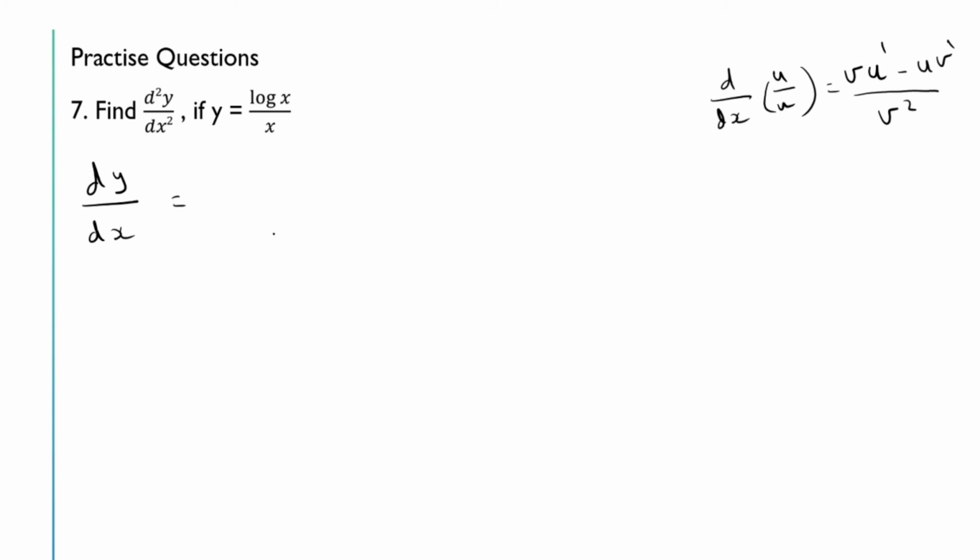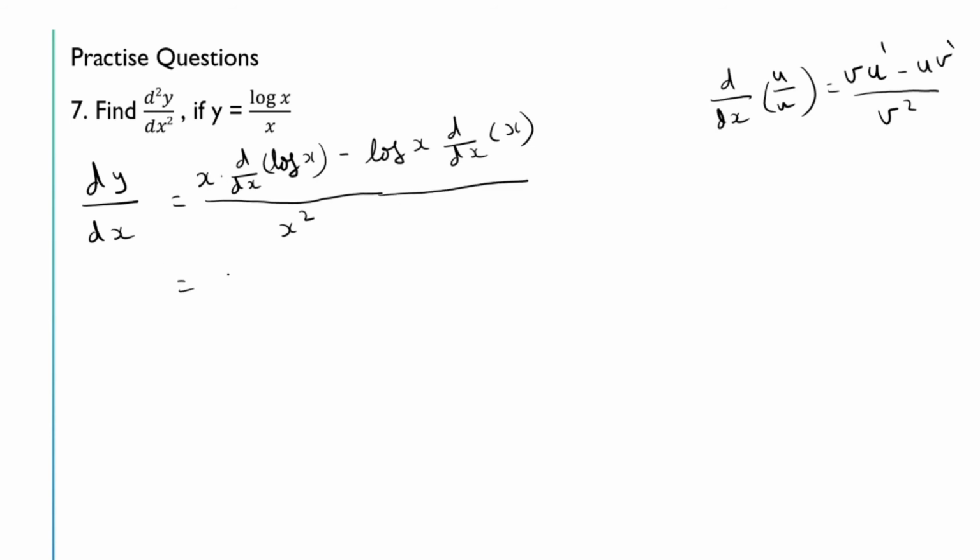So here v is x, in the denominator we have x square, and in the numerator, v into d by dx of log x, minus u, which is log x, into v dash, the derivative of the denominator.